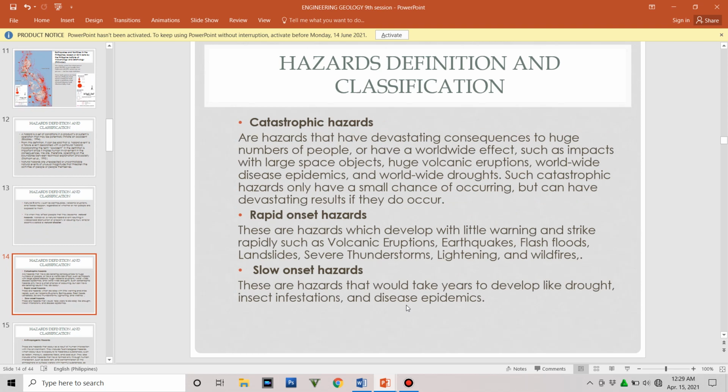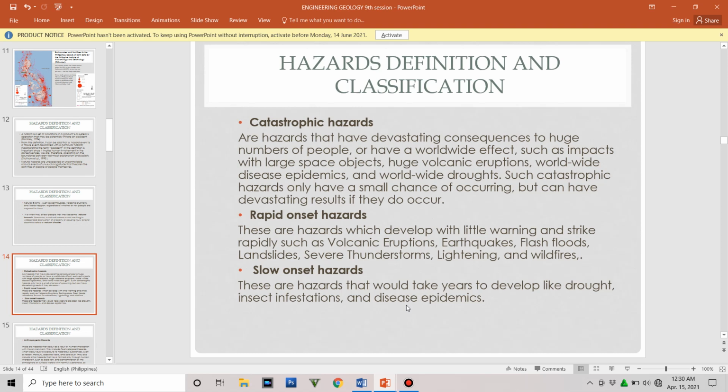So such catastrophic hazards only have a small chance of occurring but can have devastating results if they do occur. So remember that hazards can be occurring or non-occurring. So we highlighted a while ago the term potential. Okay, so potential pa lang yan. Kaya nga tinawag na hazard. It is a potential harm.